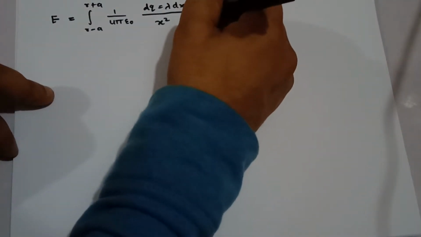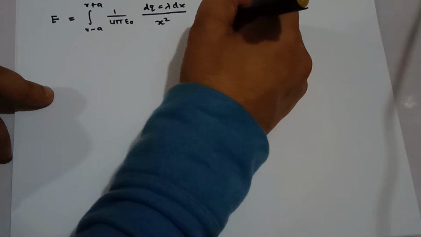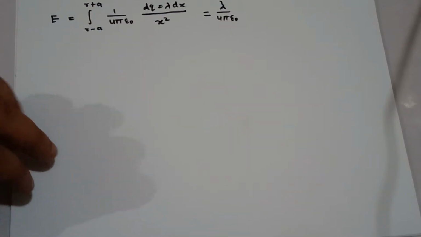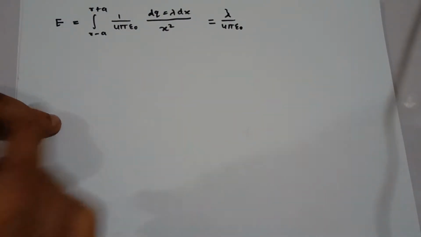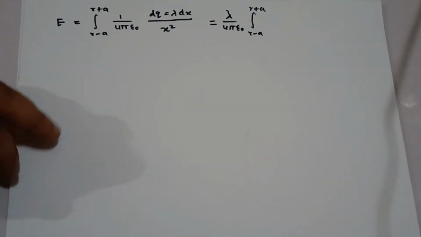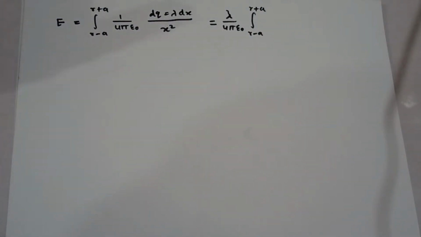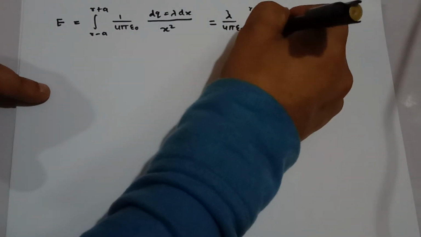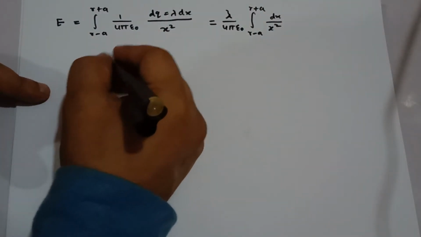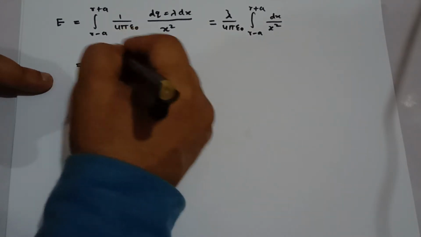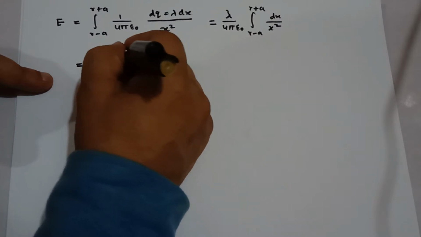So that can be written as: you can take 1 by 4 pi epsilon naught out as common, and lambda is also coming out because lambda is a constant term. Then you have to integrate from r minus a to r plus a. The term remaining is only dx divided by x square, which can be written as x to the power minus 2 into dx.